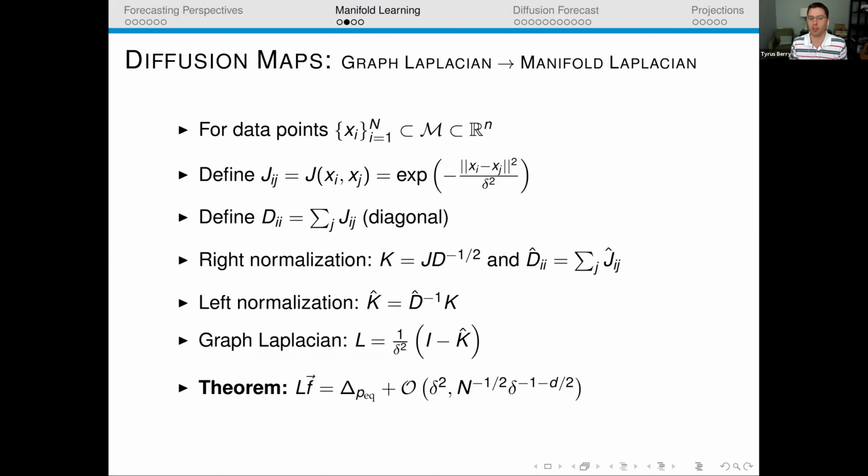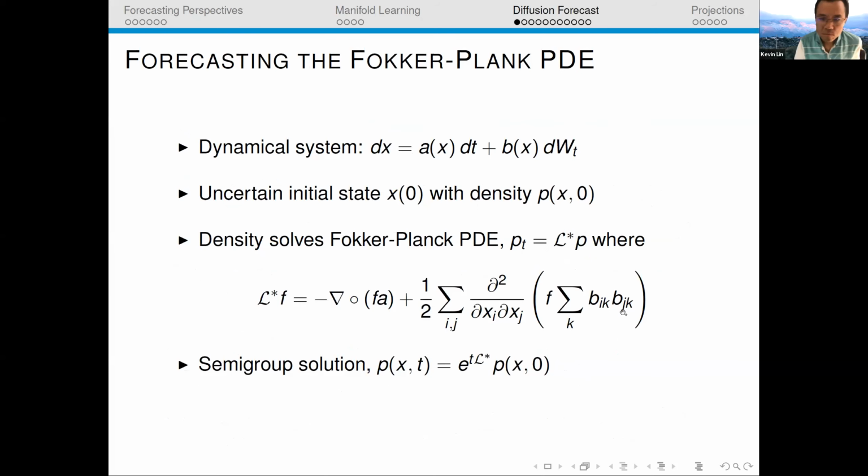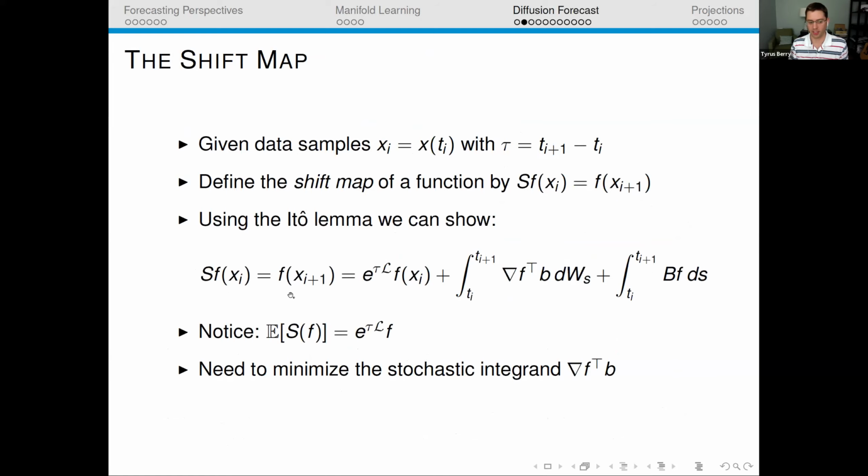And it just so happens that if you're trying to forecast a classic stochastic system, then this is what I skipped: this shift operator, when you take a function and look at its expected value at a future time, is given by the forecast operator, the Kolmogorov operator applied to the function.